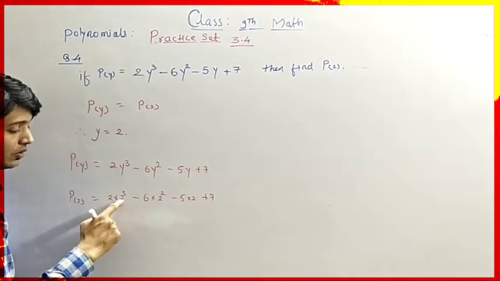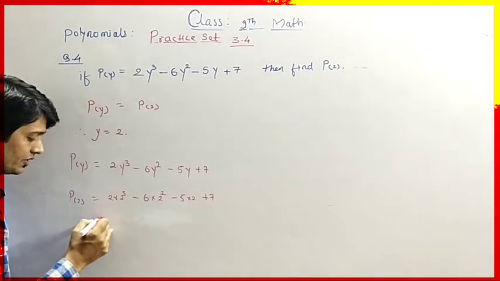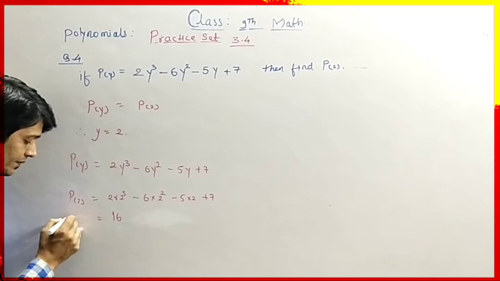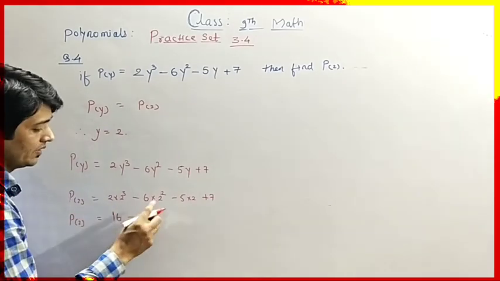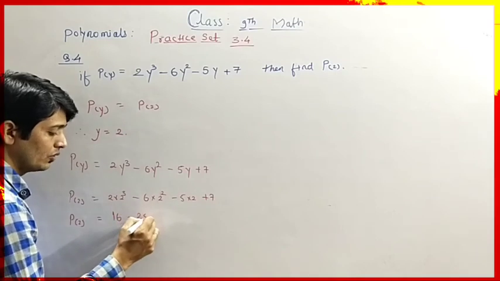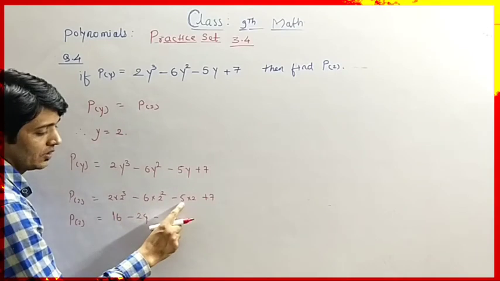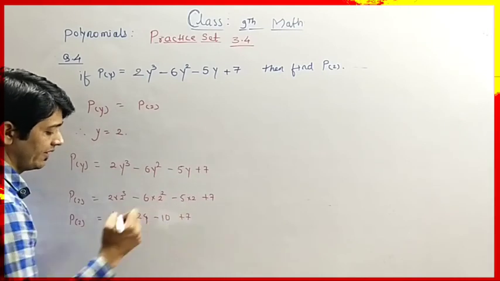So cube of 2 is 8. 8 2's are 16. Minus, the square of 2 is 4. 4 6's are 24. Minus 5 2's are 10, plus 7.